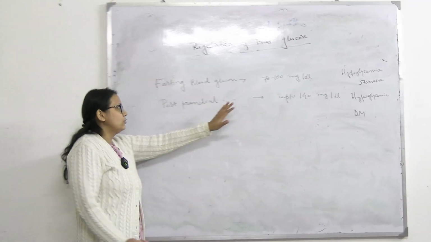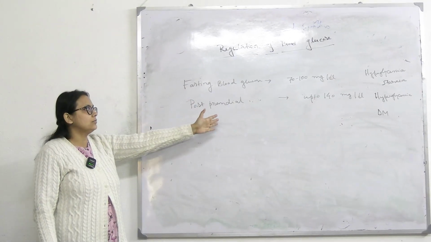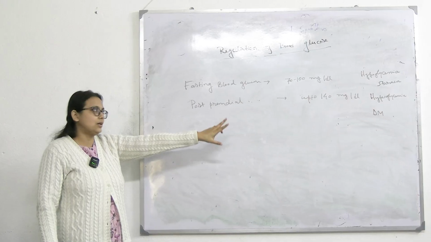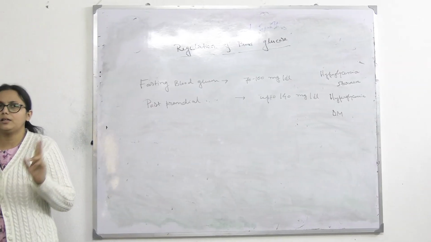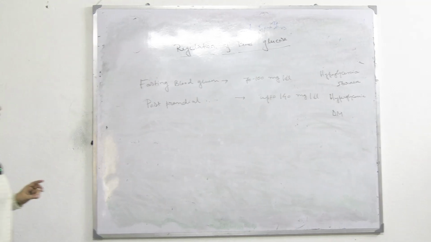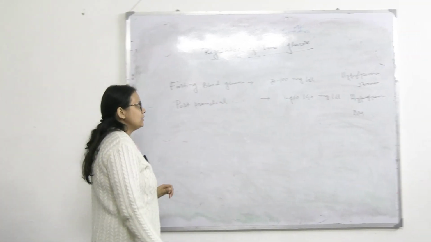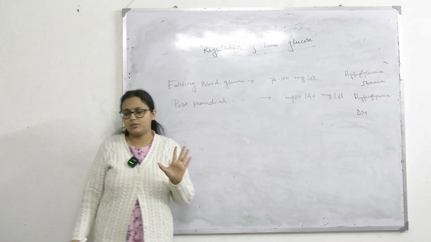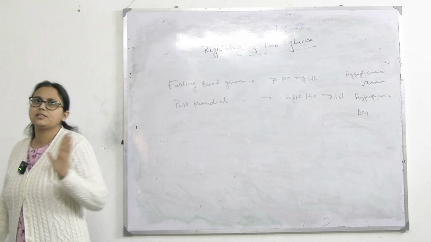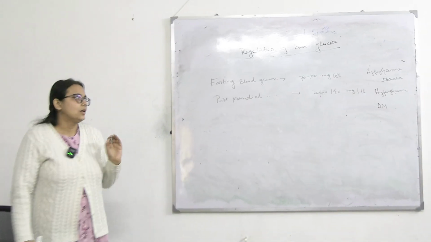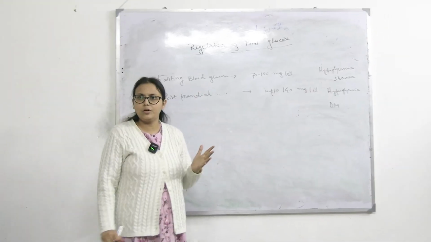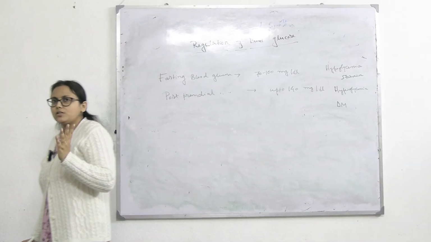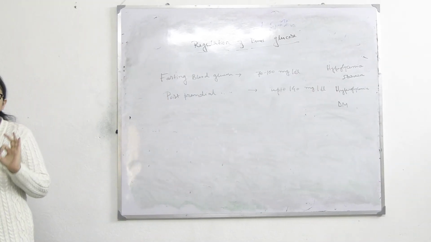So if blood glucose level goes below the normal limit, there will be hypoglycemia, and if it goes above the upper limit, there will be hyperglycemia. Hypoglycemia is a very critical and fatal condition, because there will be a deficiency of glucose, that means deficiency of ATP, also in the nervous system or brain.